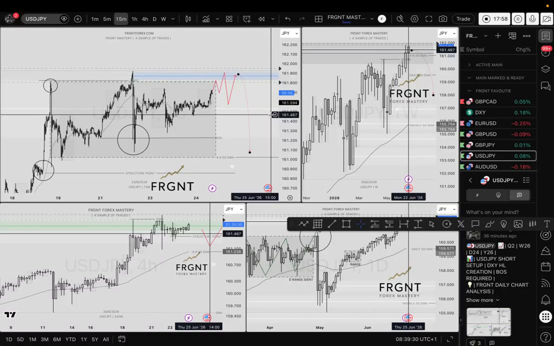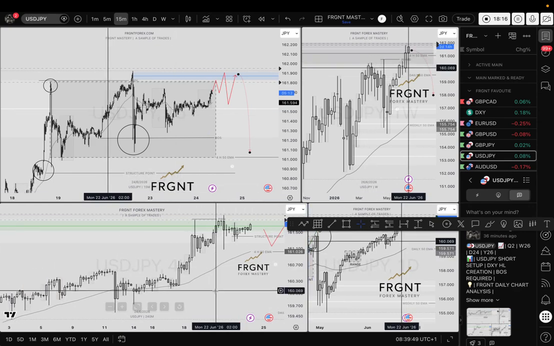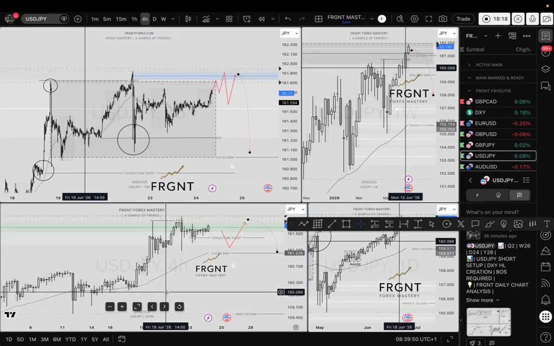But because the DXY is moving so erratically towards the upside, it's difficult to really gauge that structure on the 15-minute time frame. So with UJ we're going to have to use the DXY to the highest degree, but nevertheless it will seemingly look like we're trading quite blind using the DXY.